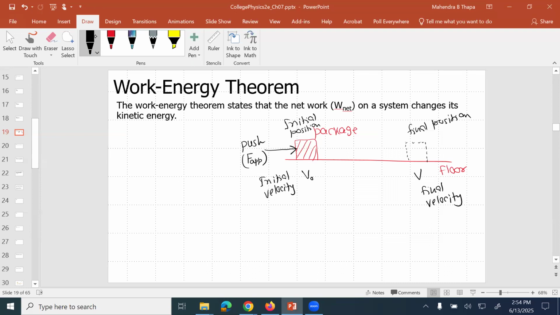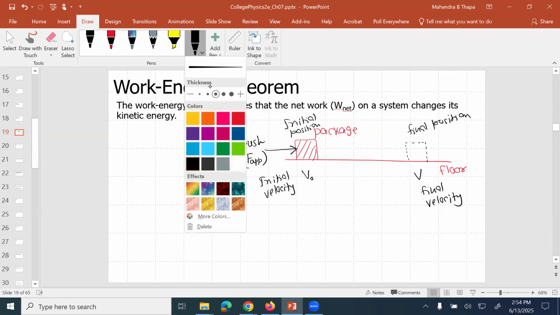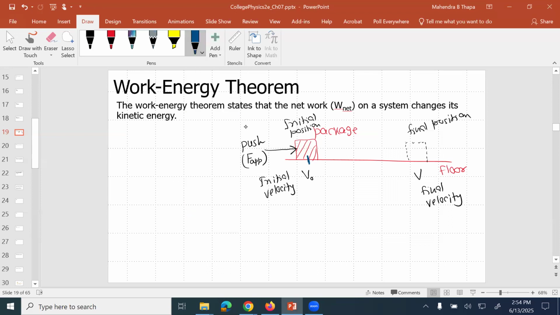The total distance covered here is, say, D. This is the situation.